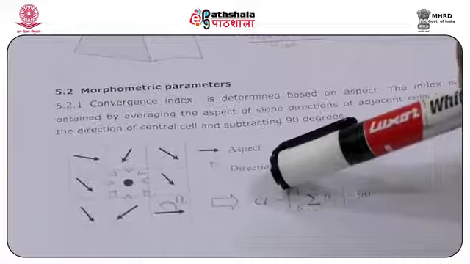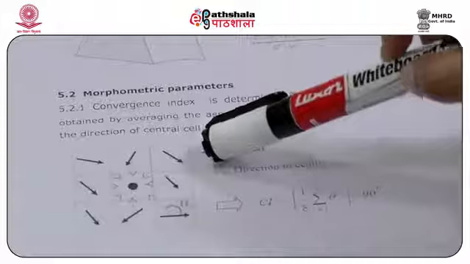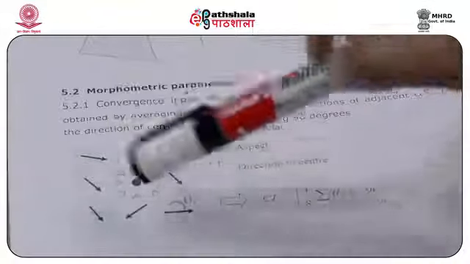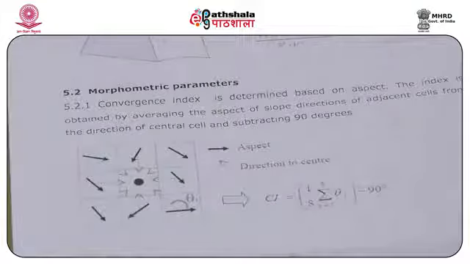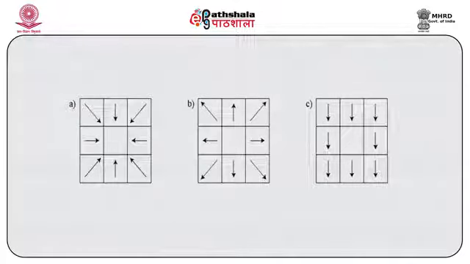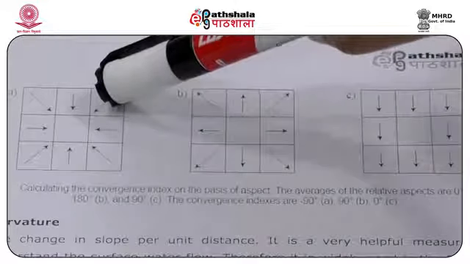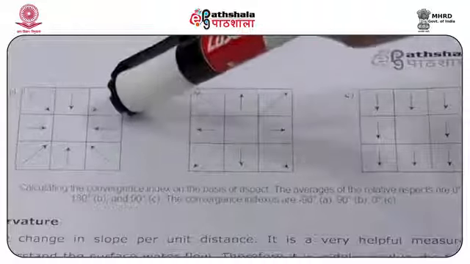This is known as CI, and these are the various aspect directions shown in this figure. Now you will see how the average of these directions gives us a convergence index and what its meaning is. In calculating the convergence index, we have 3 examples here. In the first example, on the basis of the aspect directions, the average aspect direction is 0 degrees.